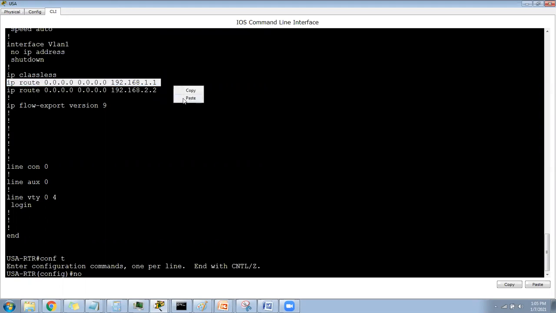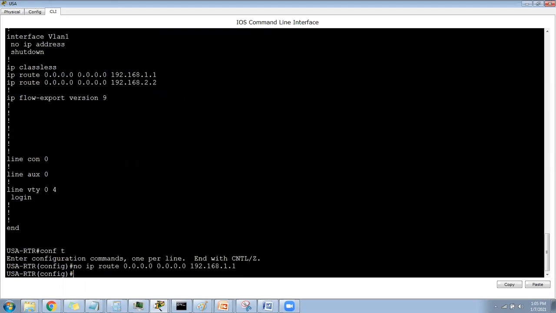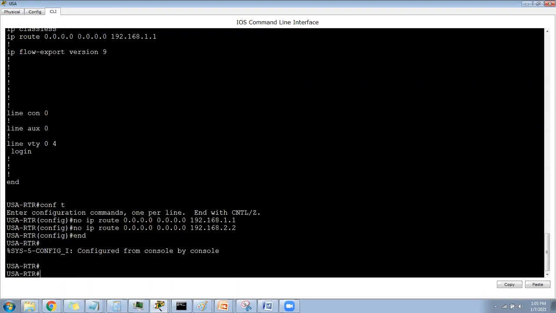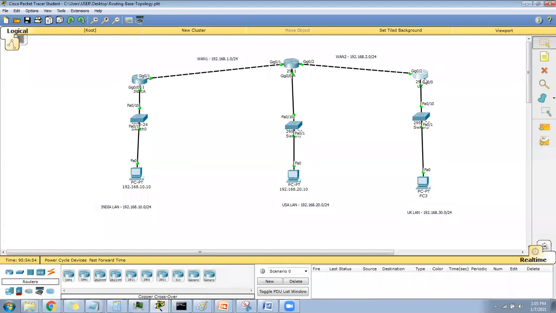Copy and paste, so our diagram is ready. Copy and paste, done. The third one is this one, the UK router.